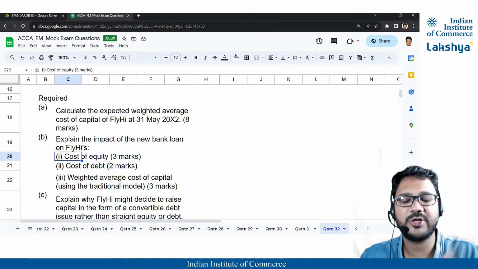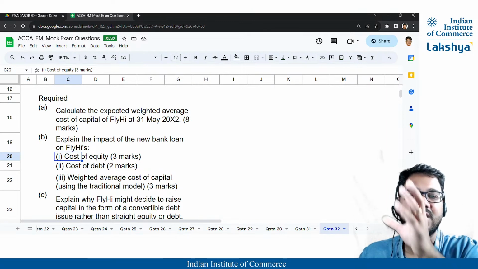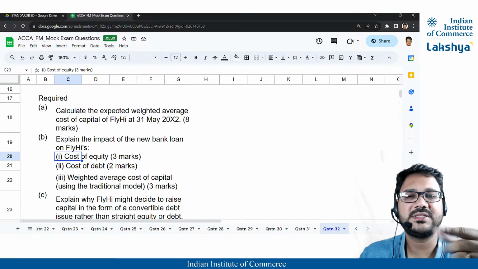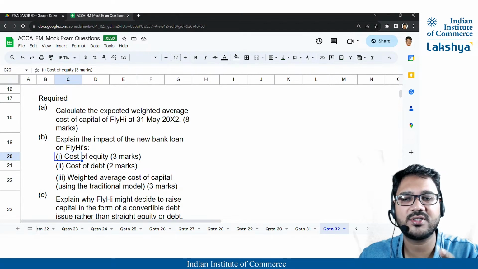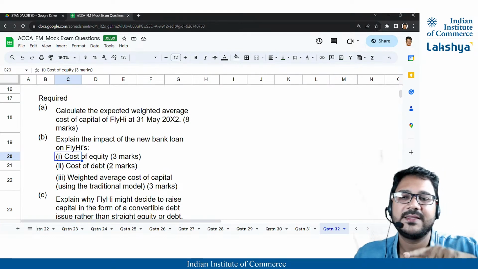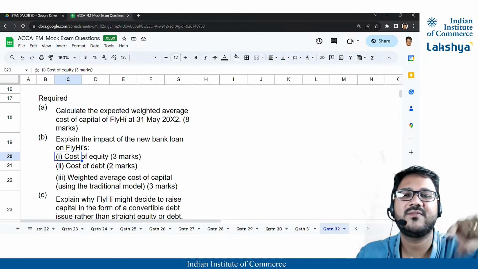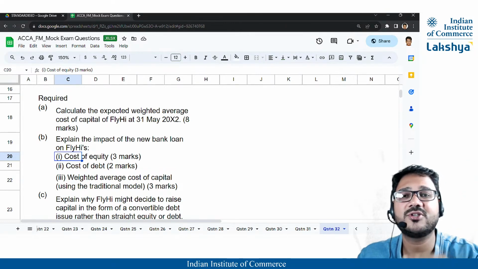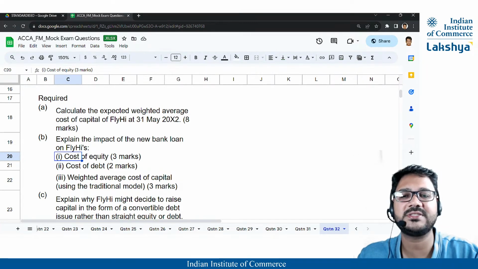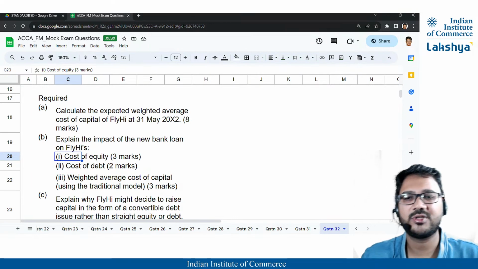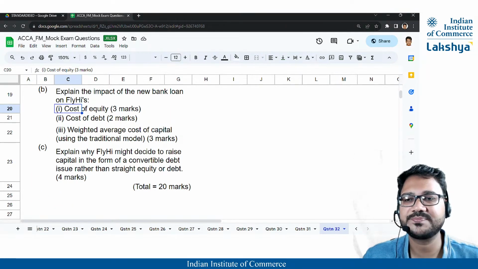But beyond a certain level of debt, the cheapness of debt is not able to compensate. So initially, as you increase debt, WACC reduces. But after that certain point, the ideal or minimum cost point, if you increase debt, the WACC starts increasing, because the increase in the cost of equity cannot be compensated by the cheapness of debt. We can write all of that over here.